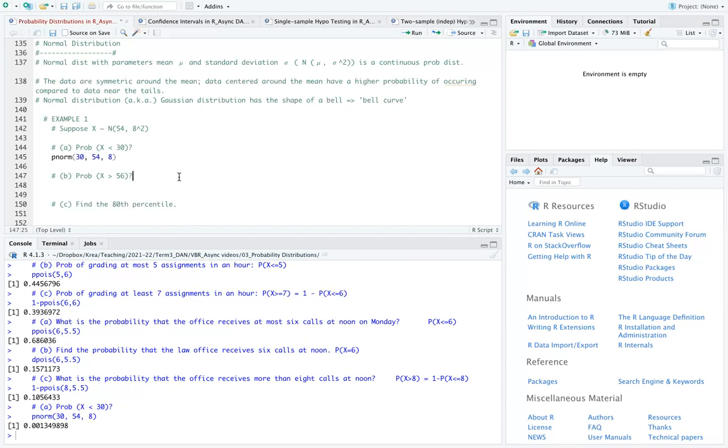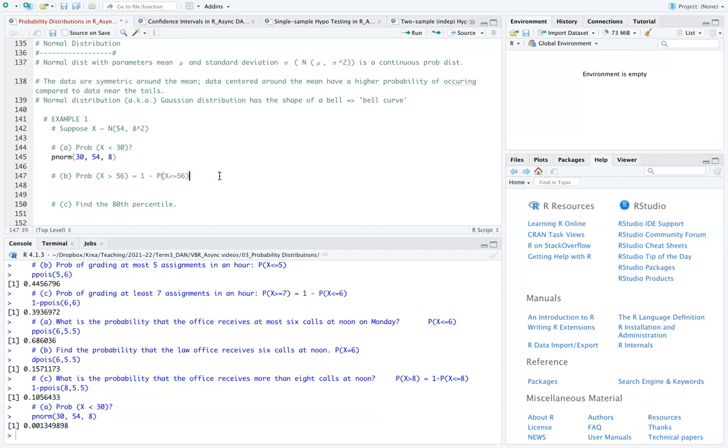What's the probability that X is greater than 56? Well, let's convert this to something which has a less than or equal to sign so that we can comfortably use our cumulative distribution function. So this is 1 minus P of X less than or equal to 56.